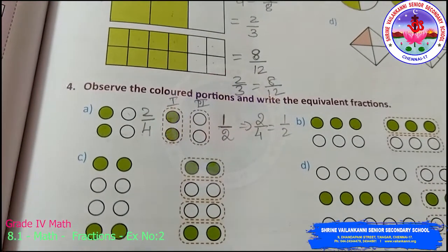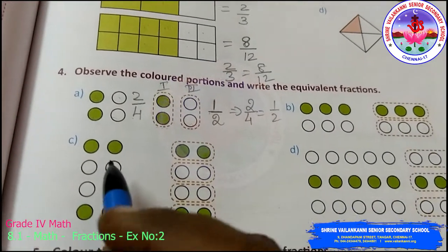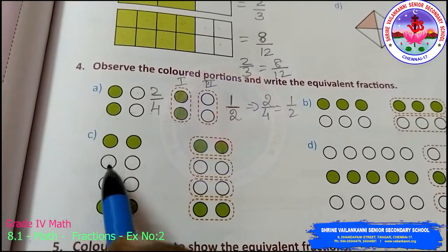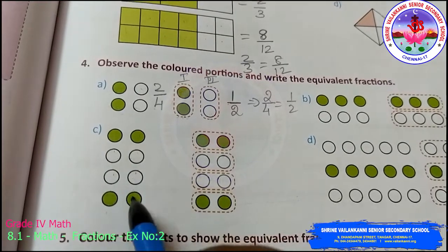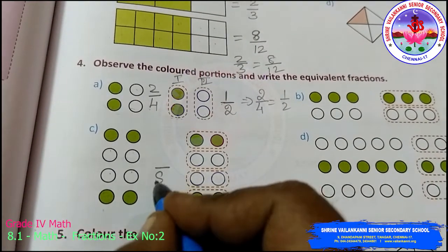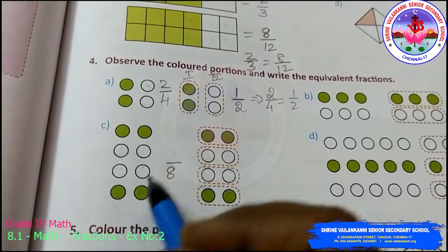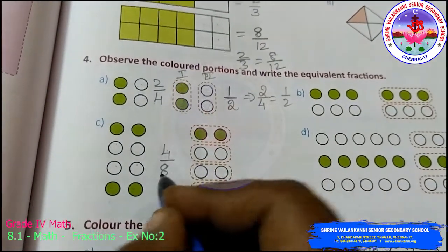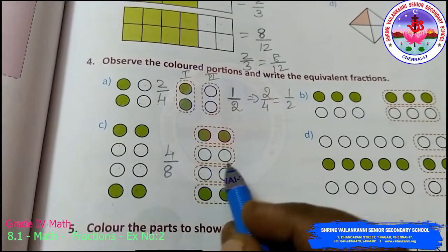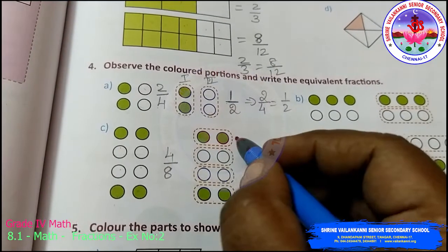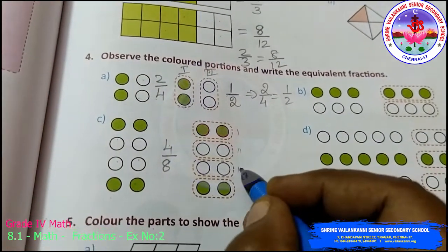Okay, so I'll do this sum, C sum. So if you see 1, 2, 3, 4, 5, 6, 7, 8, totally 8 circles. Among 8 circles, 4 are colored. 4 by 8. So here how many dotted circles are there? 1, 2, 3, 4. That is 4 equal parts.